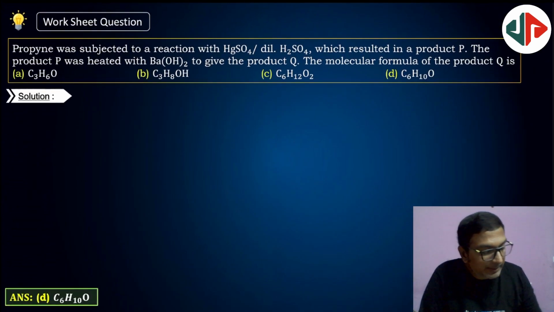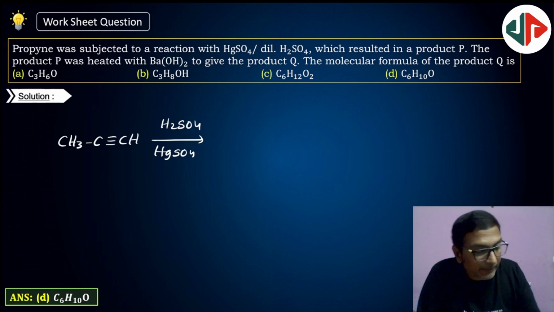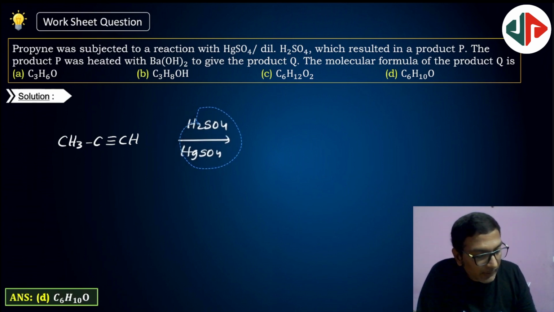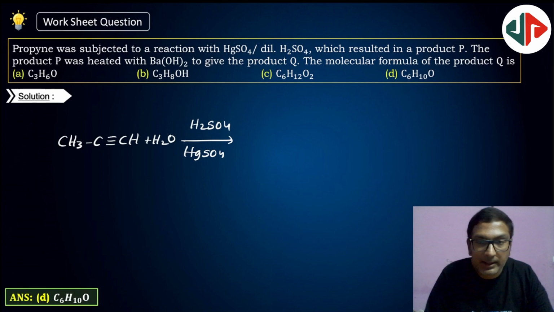So propyne is subjected to reaction with HgSO4, dilute H2SO4. See here, propyne with H2SO4, HgSO4. So addition of water here. So plus H2O we can write. According to Markovnikov's addition, we can add a water molecule.